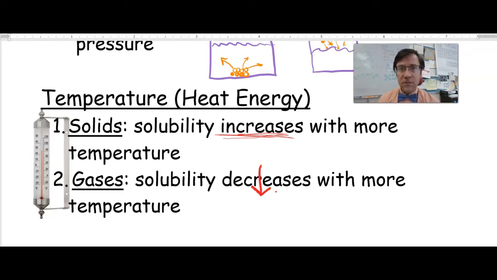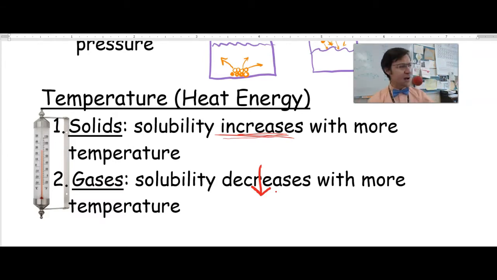So in other words, you want to keep things cold to keep gases dissolved in liquid, which again, for a soda, you put it in the fridge. If you open up a 2-liter bottle of soda, you want to put the cap back on and put it in the fridge, because the refrigerator will cool it down to keep those gas particles calm and staying in their container.